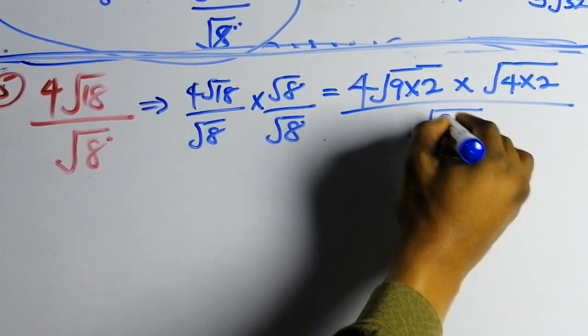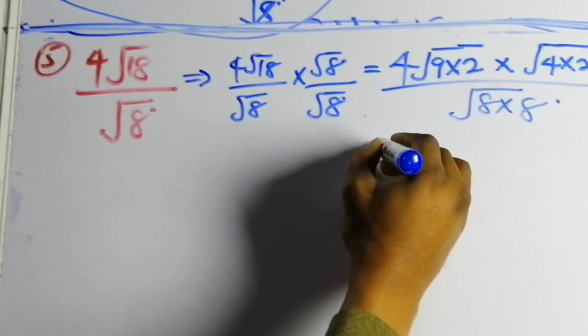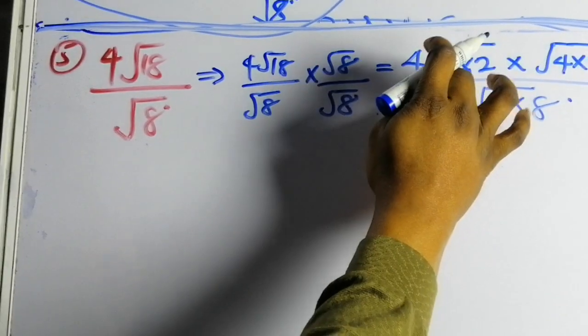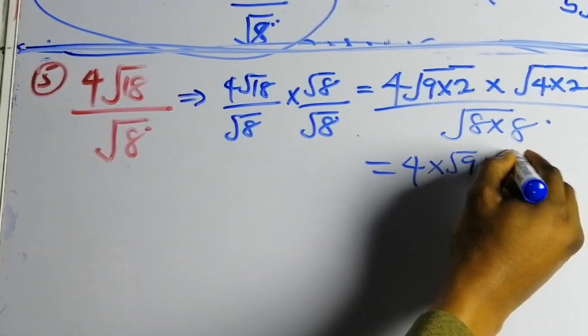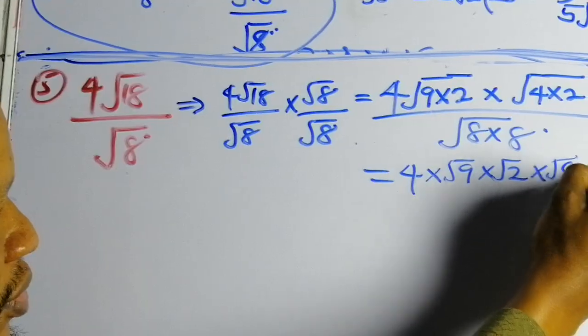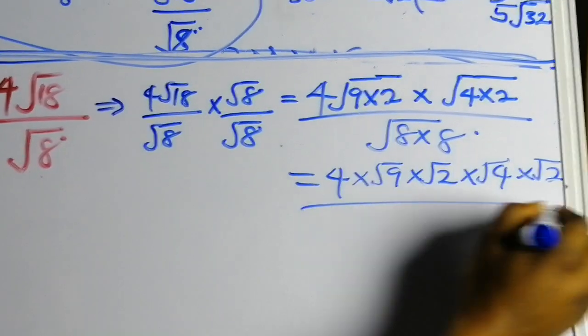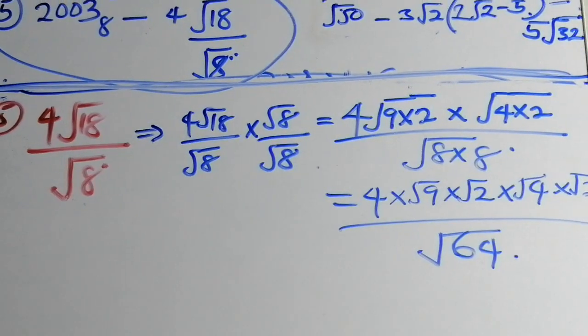I'm only splitting it down so that you can understand better. I can split this by the multiplication law: root 9 times root 2. The same thing applies here: root 4 times root 2 over 64. 8 times 8 is 64.